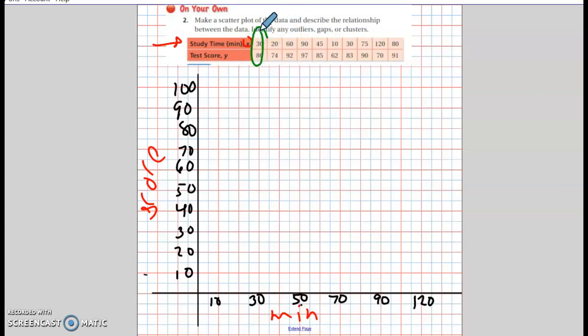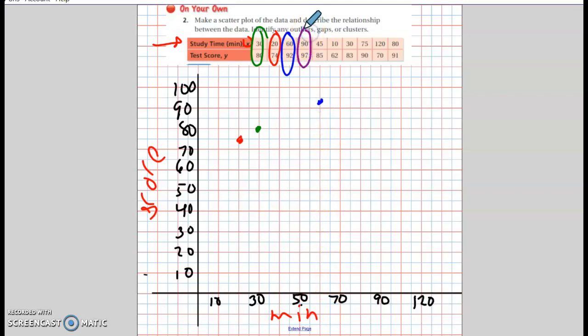So I have to do 30, 80. So 30, 80 is here. 20, 74. So I go over to 20 and up to 74-ish. Yeah. 60, that is I study for an hour, I get a 92 on my test. So that's here.